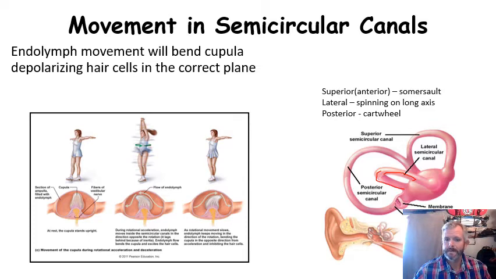Okay? Then I stop, what happens? At a certain point, the fluid starts to catch up after the initial inertia, and starts moving around in the direction that I'm moving. And when I go to stop, now the fluid is pushing the cupula in the opposite direction.